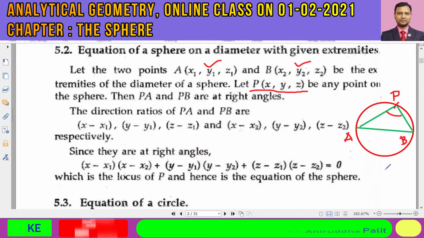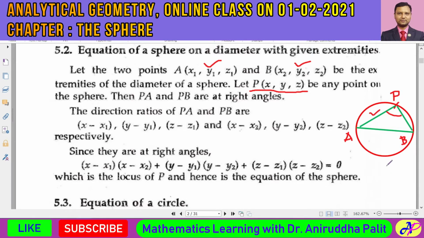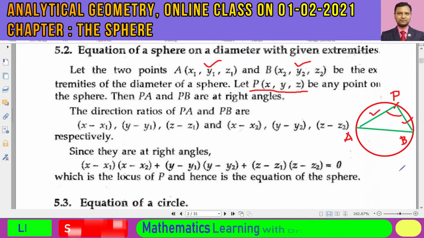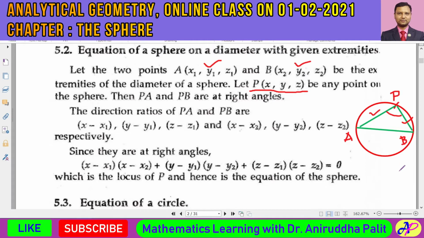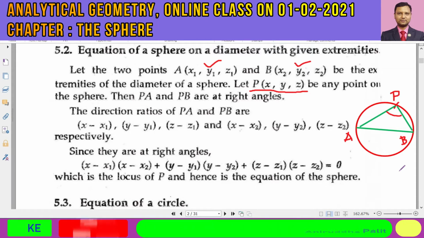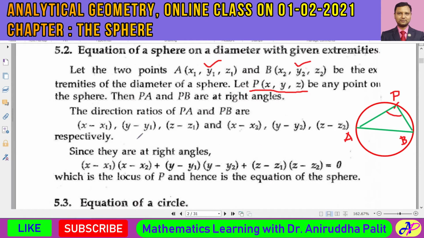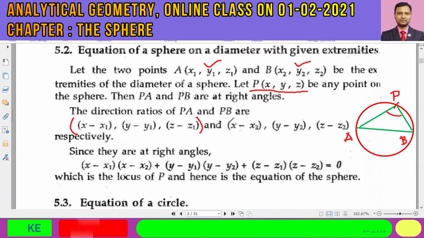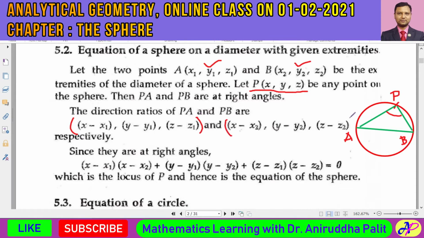Therefore we can say that the straight line PA and the straight line PB are perpendicular to each other. And as they are perpendicular to each other, if you consider the direction ratios of one line as a vector and those of the other as another vector, then the dot product of these two vectors must be equal to 0.